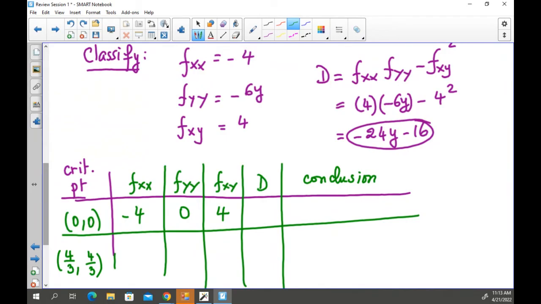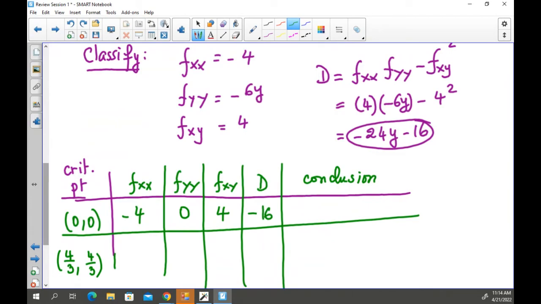So this is going to be, yeah. Let me just check this. Yeah, so the D will be minus 16.